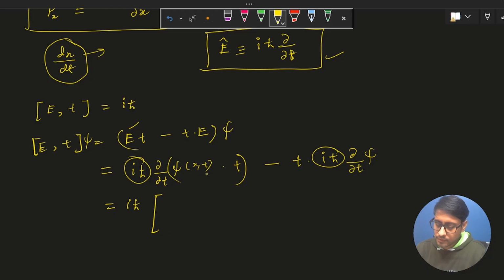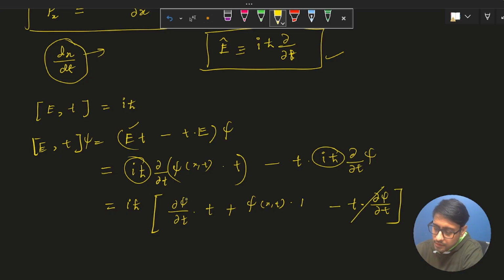The differentiation of the first term will be del psi over del t into t, plus psi(x, t) times del t over del t, which gives 1. Then minus t times del psi over del t.